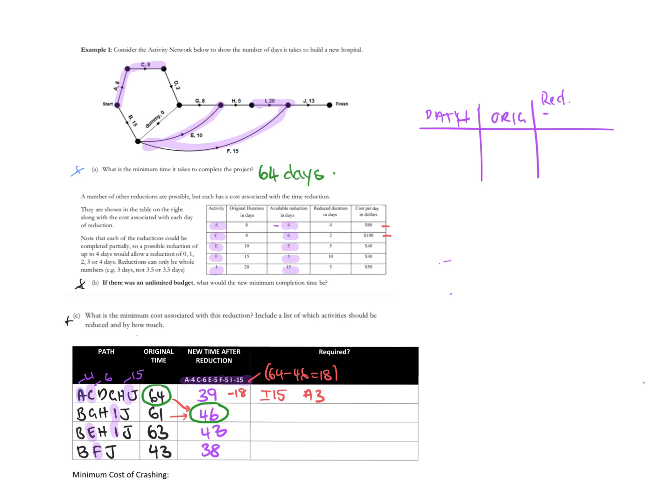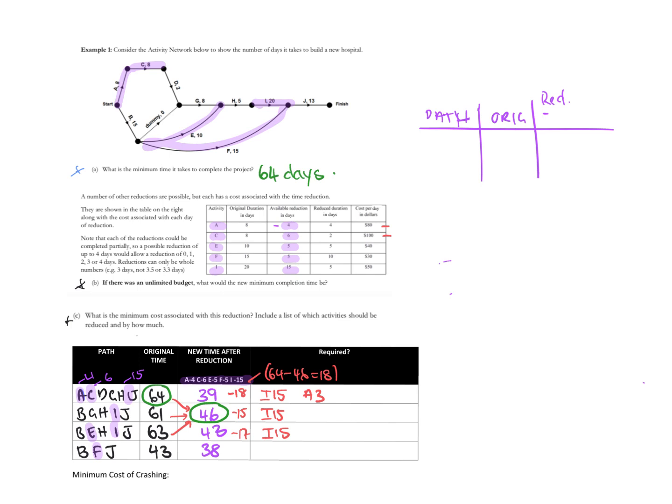Okay. The next one, to go from 61 to 46, that would be minusing 15. And we've got I in there, so we've got to use all of our crashing of I. Then the third one, we want to go from 63 to 46. That would be 17. Now we're already using I, so we'll chuck that in because that's an option.